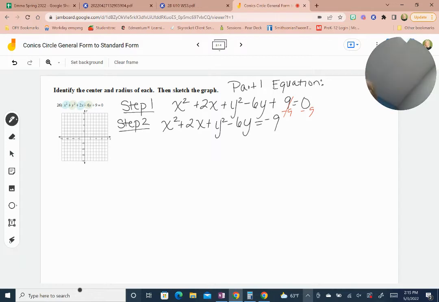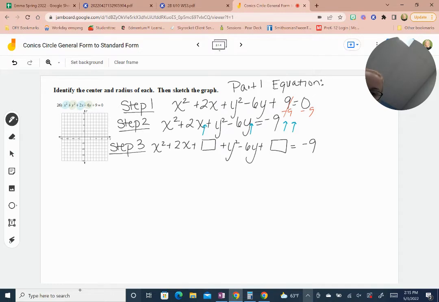Now the next step is we're out of 4 boxes. So we're going to add 1 box here, 1 box here, and 2 boxes right here. Okay, so that's going to be step 3.